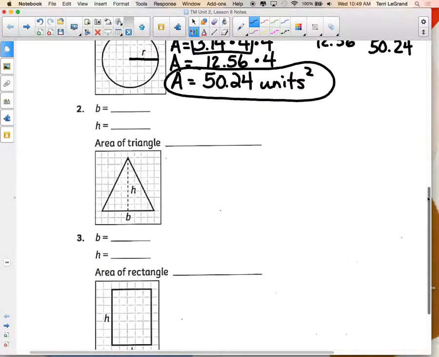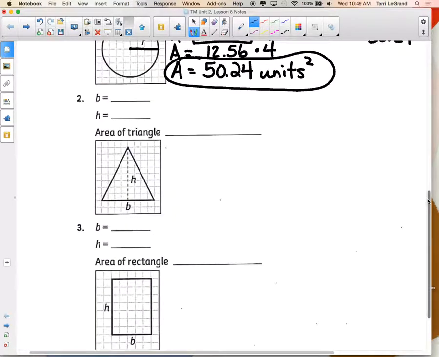Okay, number 2, it says base equals and height equals. Remember, they told us to count squares. So go ahead, figure out the base and the height of this triangle. How long is that base and how tall is that triangle?